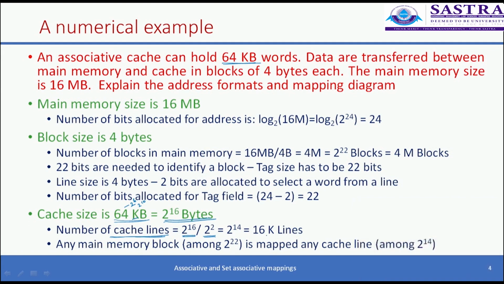Size of the cache is 2 power 16, a single line size is 2 power 2. So, 2 power 14 or 16K lines are available in the cache. Any main memory block among the available 2 power 22 is mapped on any cache line among the available 2 power 14.